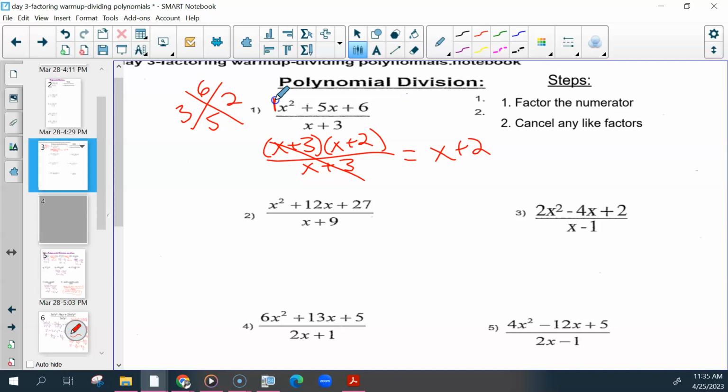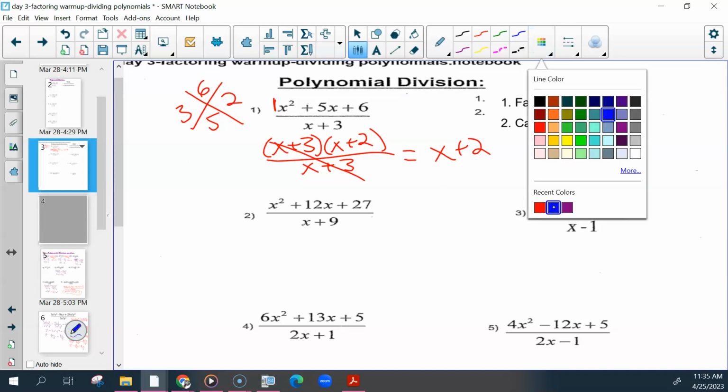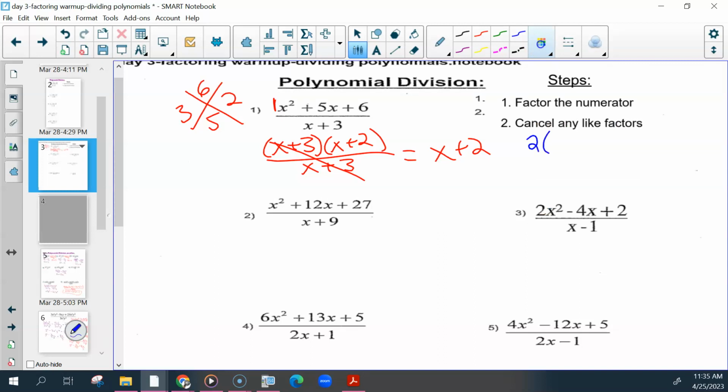We're going to do one of each type of factoring on this. So we're going to skip to 3. This is a trinomial. Let's see, does this have a GCF? Something they each have in common. 2, yes. So if we factor out the 2, what's left?